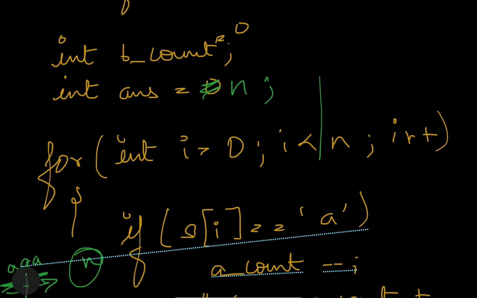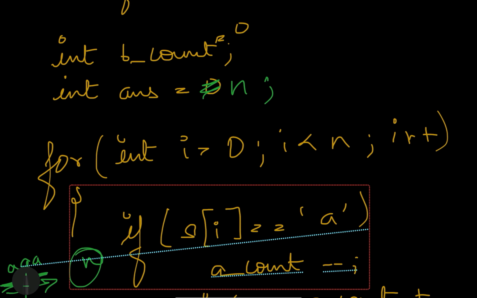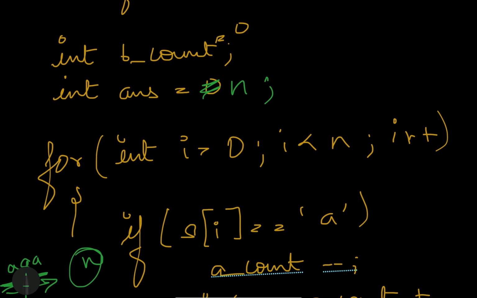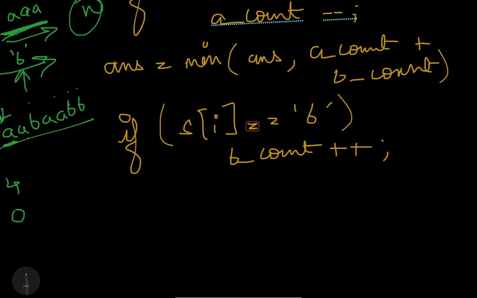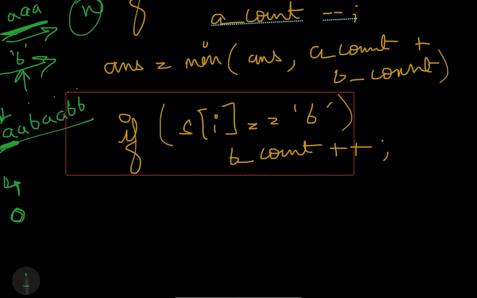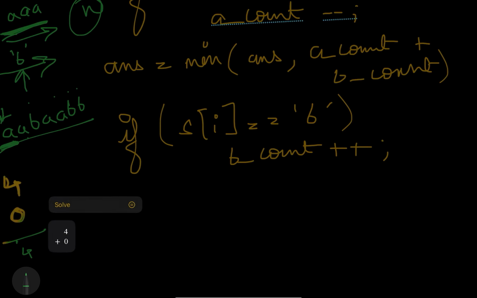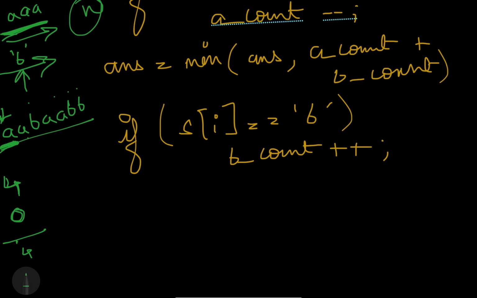Here it would not be 0, it would be n. So here we have A count as 4, B count as 0. So the number of deletions we have to make is 4.